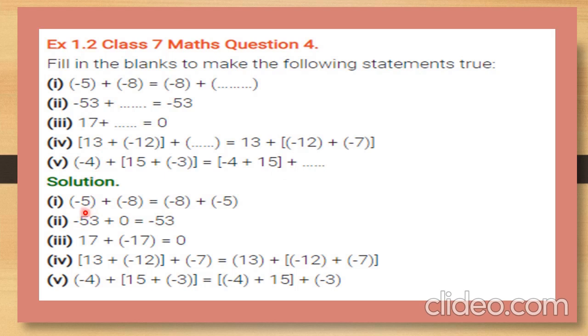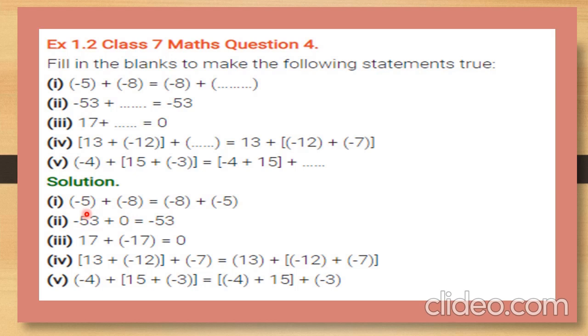First question, minus 5 plus minus 8 is equal to minus 8 plus, what will you get? You will get minus 5 only. So in the first blank put minus 5. How do you get it? In the last question we discussed, we can add integers in any order.